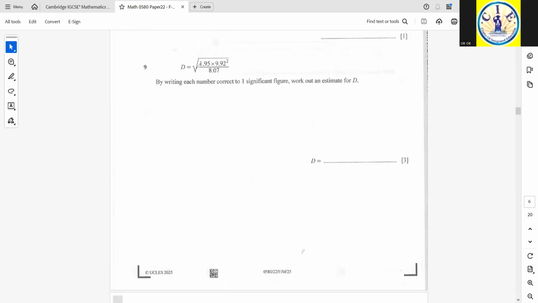Question number 9. D is given by the square root of 1.95 times 9.92 squared, the whole divided by 8.07. By writing each number correct to one significant figure, work out an estimate for D. 1.95 estimated to one significant figure will be 2. 9.92 will be 10.